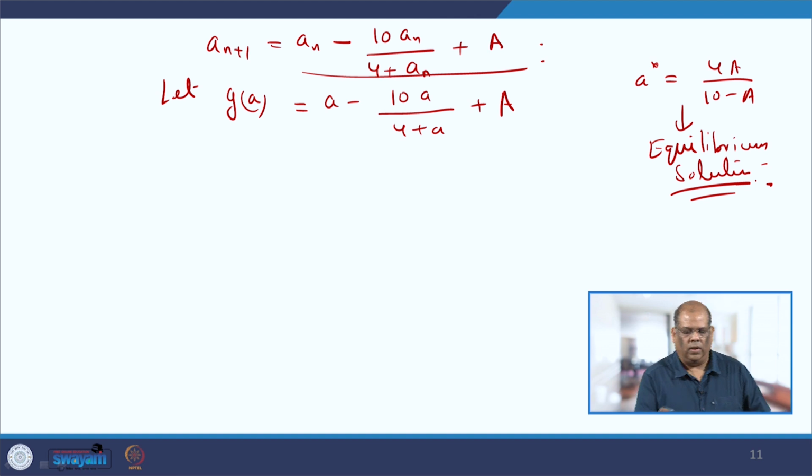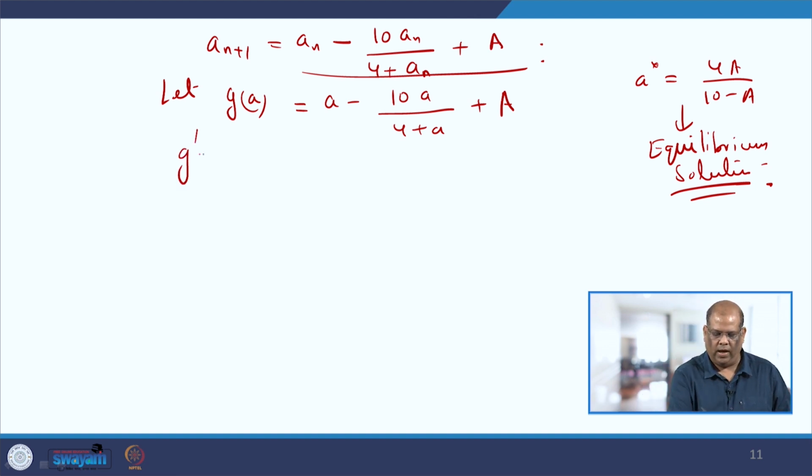So, let us look into the stability at the point A star. You have to find G dash A, and that is 1 minus 10 times 4 plus A minus A divided by 4 plus A whole square.